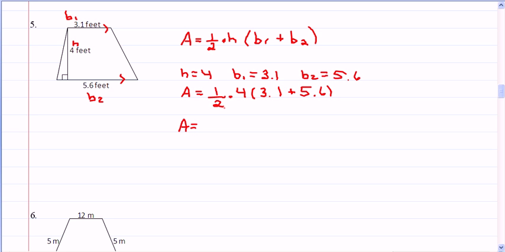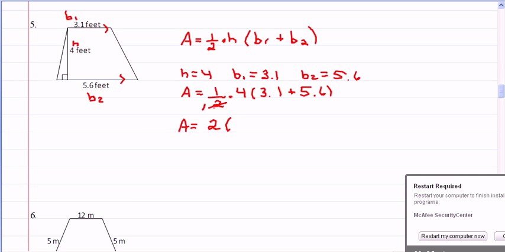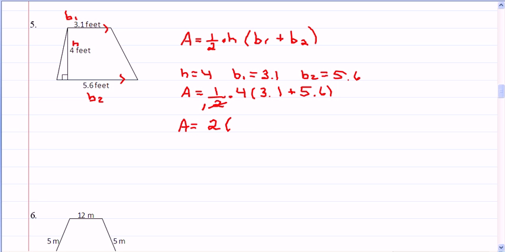So starting with 1/2 times 4, this 2 reduces to 1 and the 4 reduces to a 2. And if I take 3.1 plus 5.6, I get 8.7.